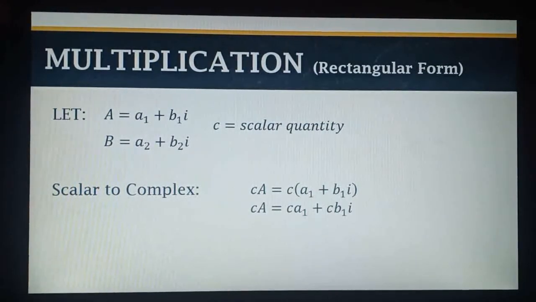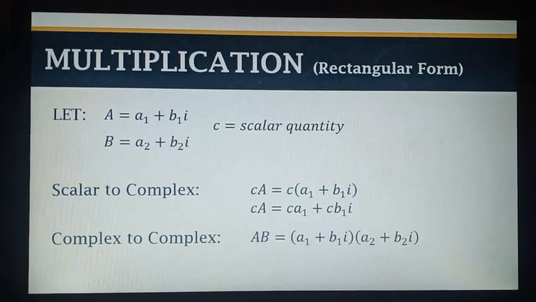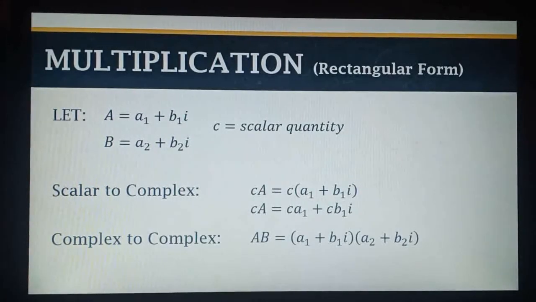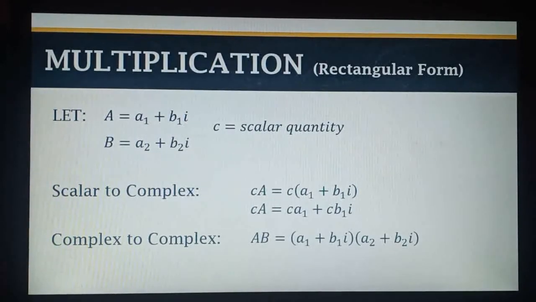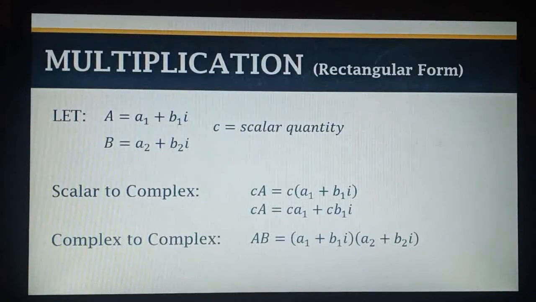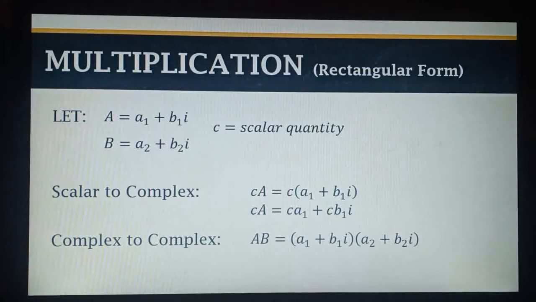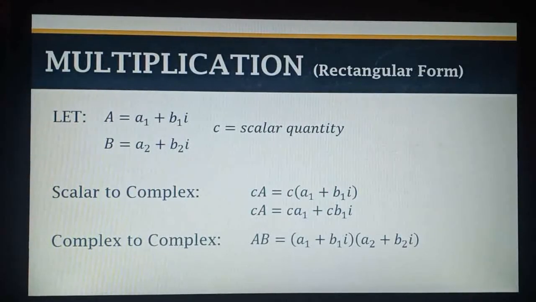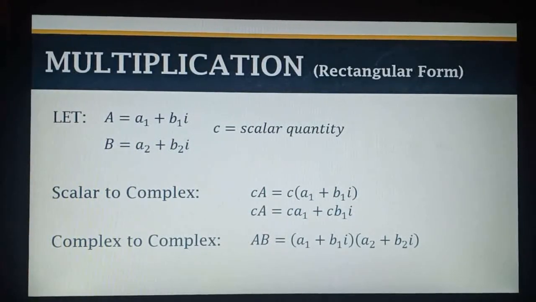But if you're going to do complex to complex number, let's say you have complex A multiplied to complex B. So you will have the quantity of A1 plus B1i multiplied to the quantity of A2 plus B2i. You will have to do the FOIL method of the binomial to binomial multiplication.